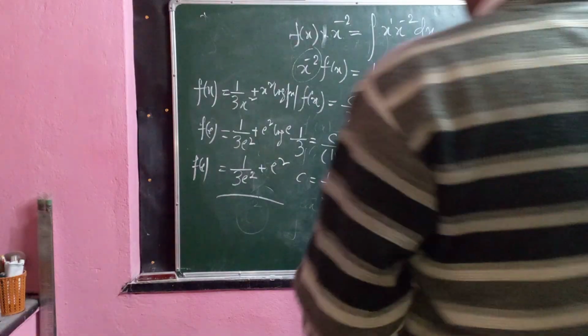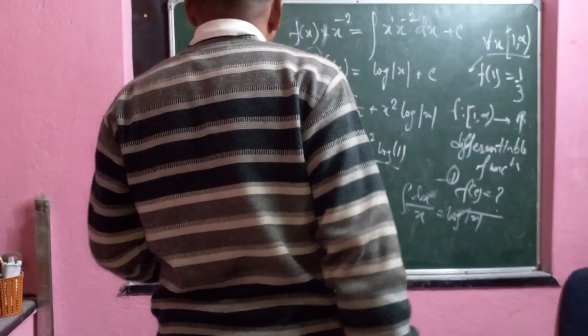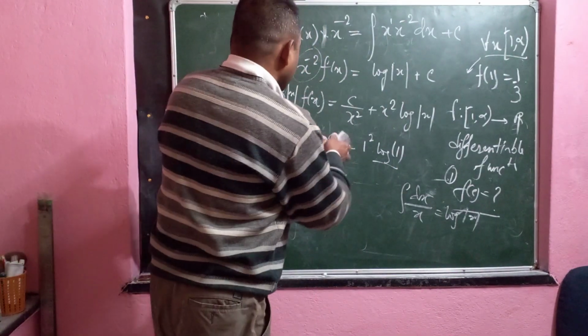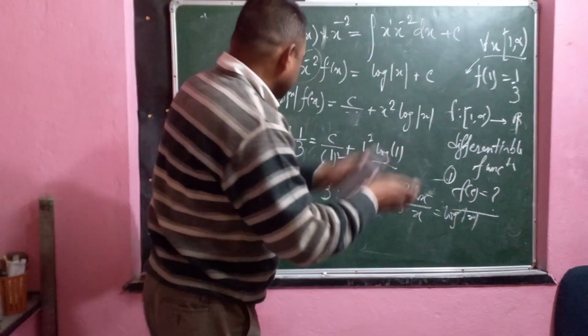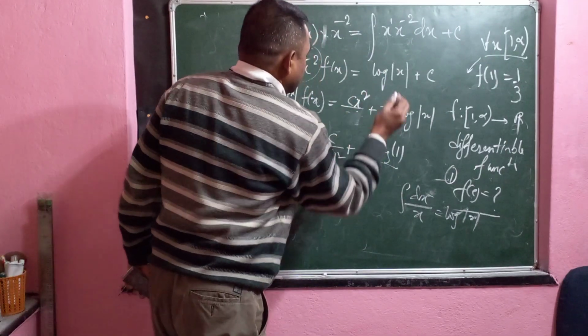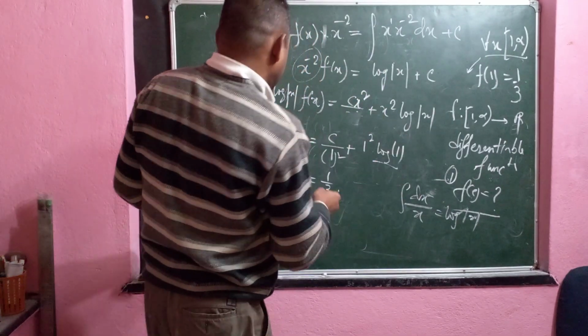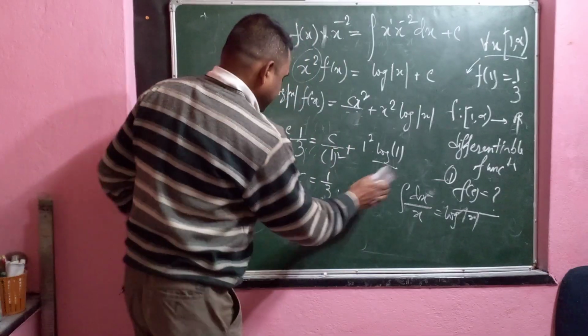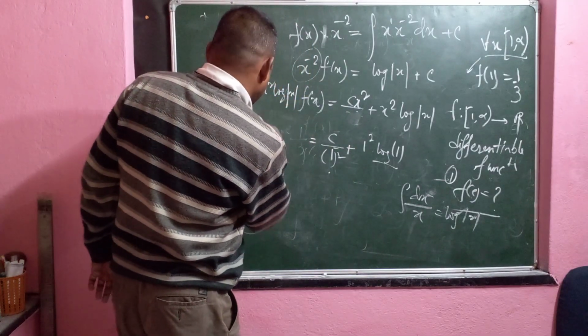Okay, this is our one minute. Sorry, this will be cx square, very sorry. So this will be minus.